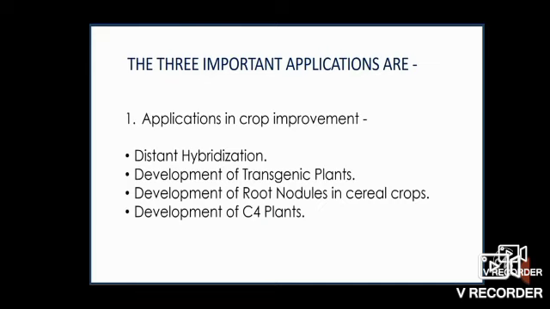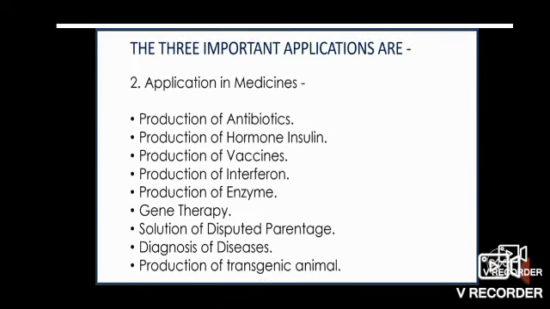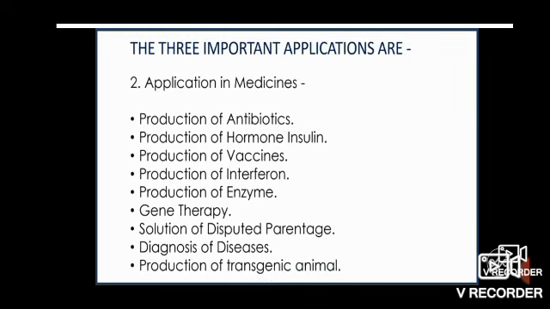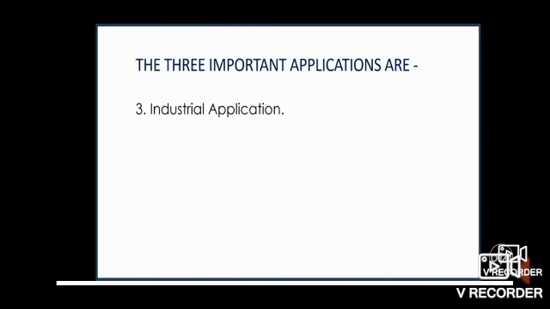Then the applications of recombinant DNA technology. There are several applications. The 3 important ones listed here are applications in crop improvement, application in medicines, and application in industries. These are the 3 important applications of rDNA technology.